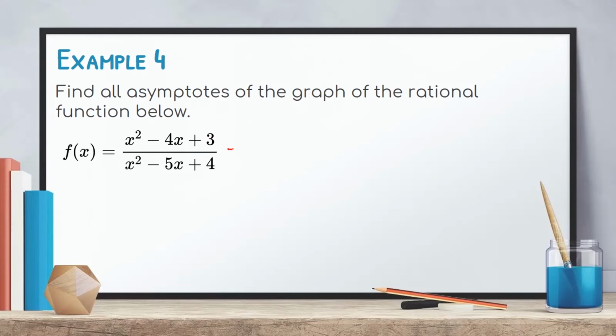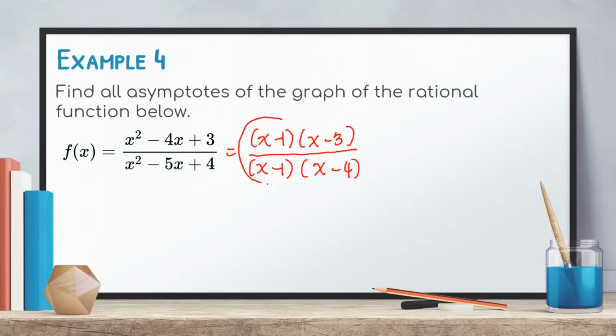Therefore, we will have x minus 1 times x minus 3 for our numerator and x minus 1 times x minus 4 for our denominator. If this is the case, then there is a common factor. It means that the graph has a hole. Since x minus 1 is the common factor, the hole is at x equals 1.